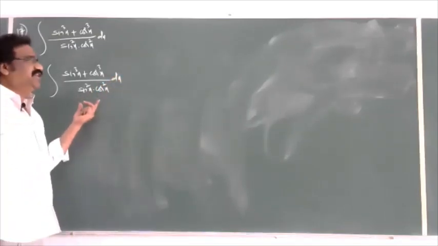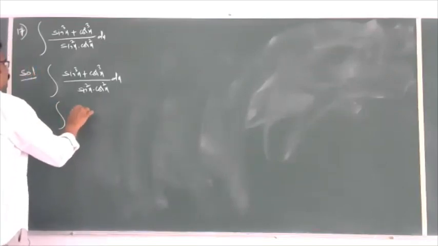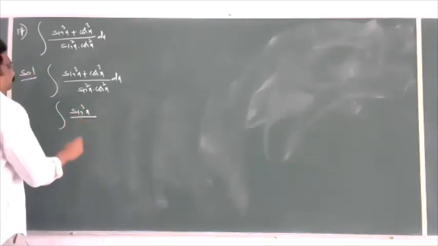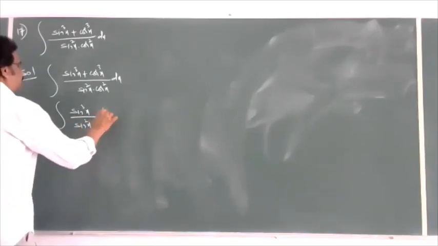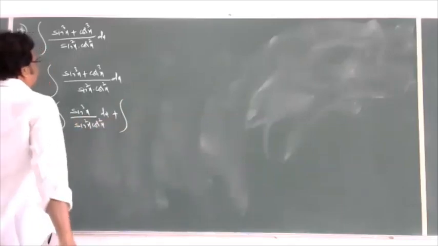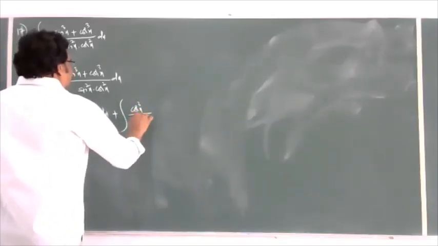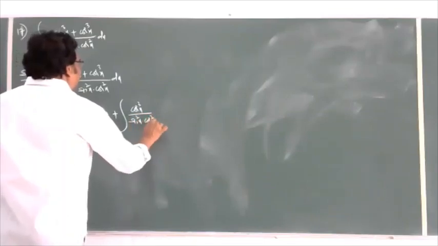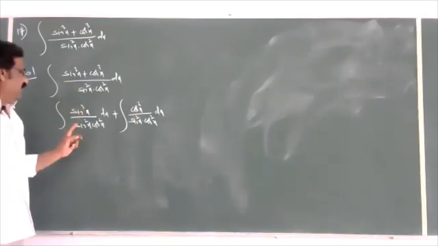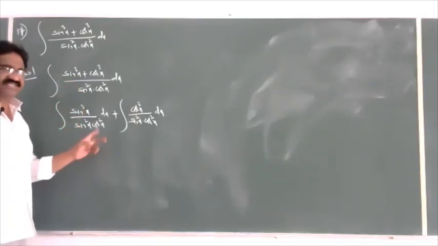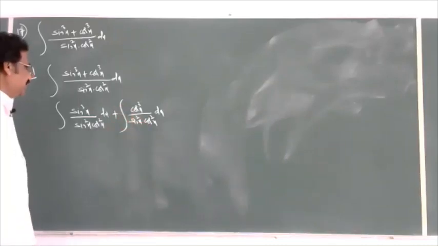This can be split into two integrals: integral sin cube x by sin square x into cos square x dx plus integral cos cube x by sin square x into cos square x dx.